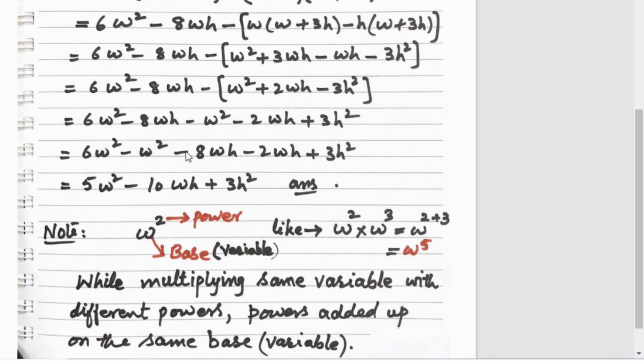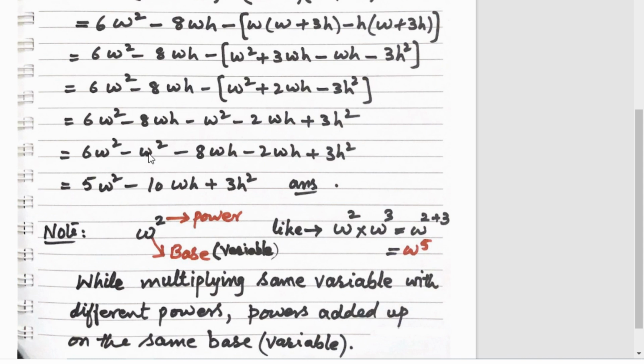Grouping like terms means you will bring or put like terms together. 6W square has a companion, minus W square, which will be written with it. Minus W square will be written with 6W square: like variables with like powers. Like variables with like powers are like terms.